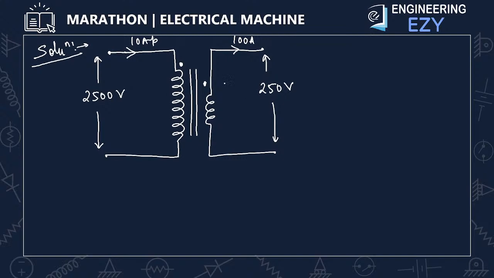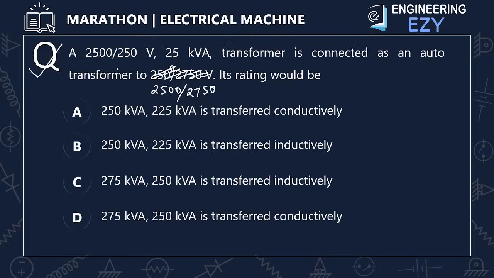It is a two winding transformer. The data is given as 25 kVA. Primary voltage is 2500, secondary voltage is 250 volt. And it is connected as an auto transformer, and the rating of the auto transformer is 2500 primary and 2750 secondary. So the voltage is additive at the secondary side.